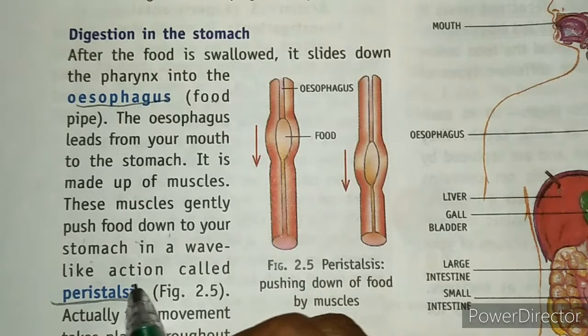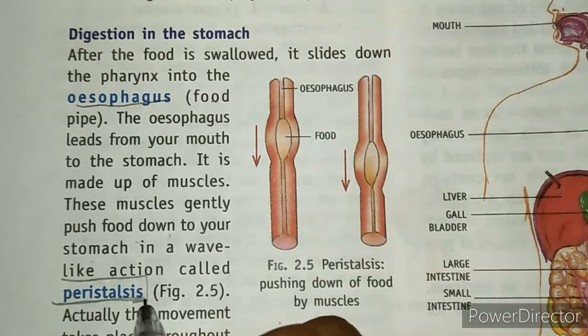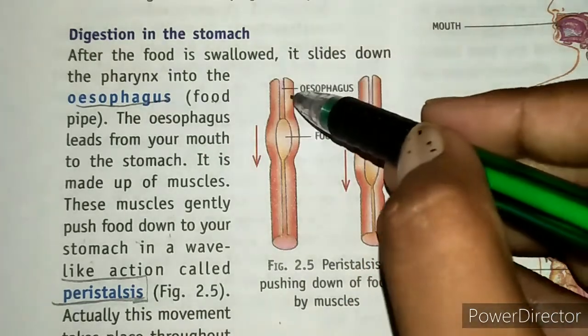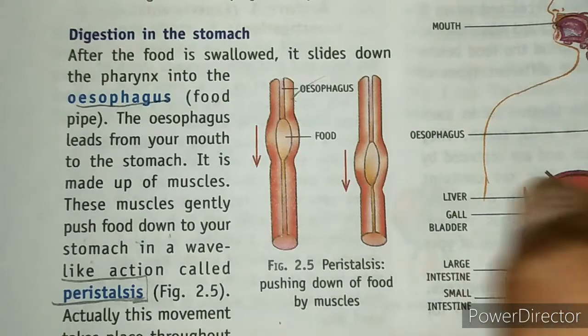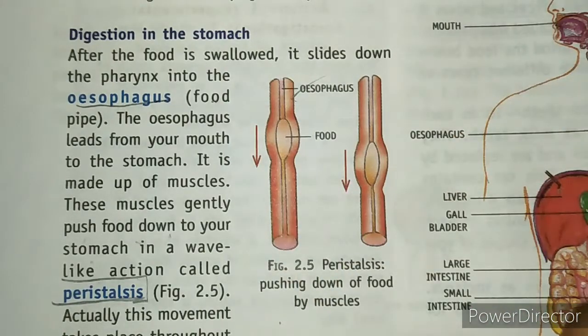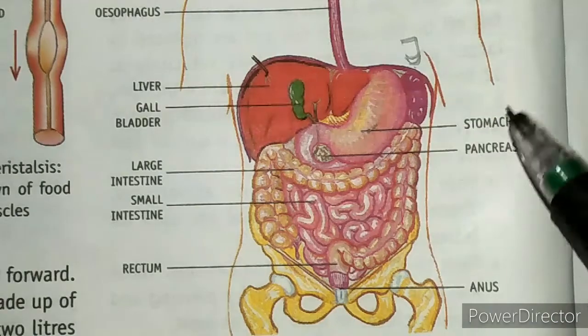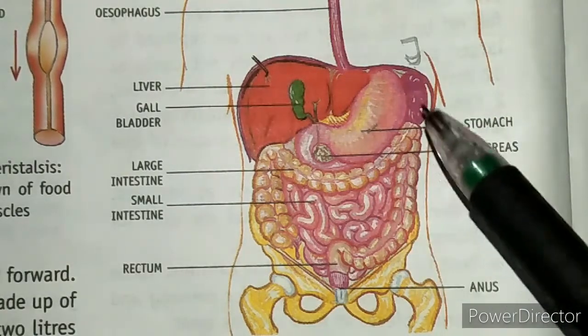This peristalsis occurs in the esophagus, in the stomach, and in the large and small intestines to push the food till the anus.